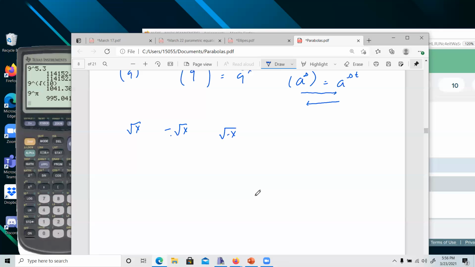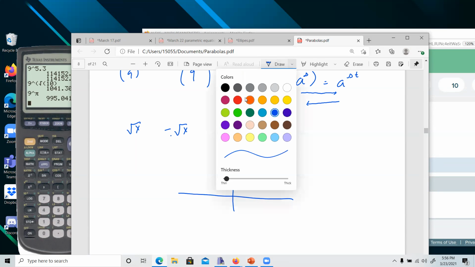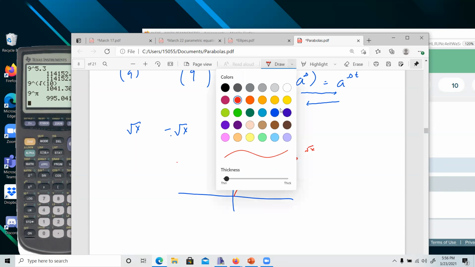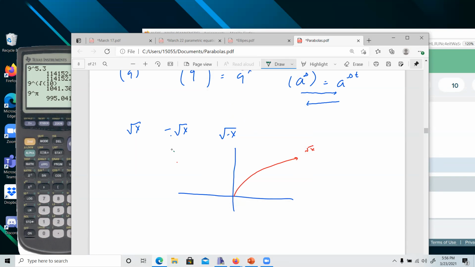If you put the negative on the inside, remember that, here's my parent function, the square root of x, and here is negative square root of x, right? It flips it vertically if it's on the outside, but if it's on the inside, it flips it horizontally.